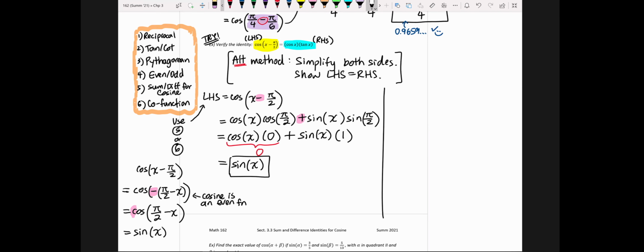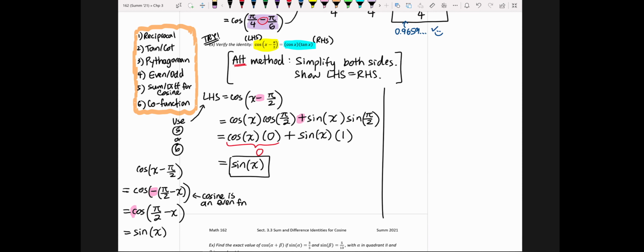There are different methods here. We could have used identity group 5 or identity group 6. Using identity group 5, we expand, evaluate, and simplify. Using identity group 6, we have to use some algebra techniques. X minus pi over 2 is the opposite of pi over 2 minus x, and cosine is even.